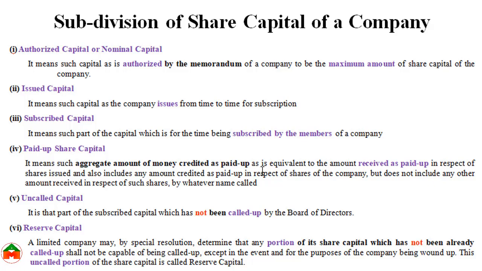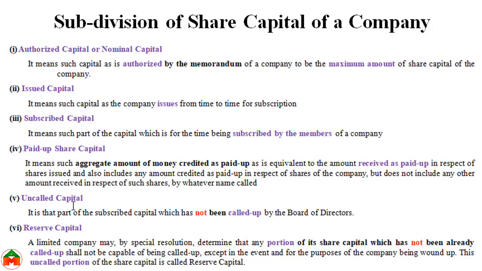Suppose a company has a share with the value of 10 per unit, and if you issue the share for the first installment with the amount of 2, then if you receive the first installment, the paid amount is known as paid up share capital. And suppose you have not called the rest of the 8 out of 10, that is known as uncalled capital.